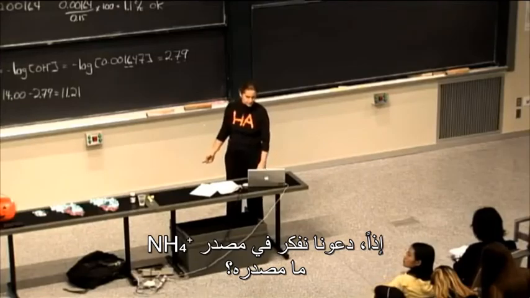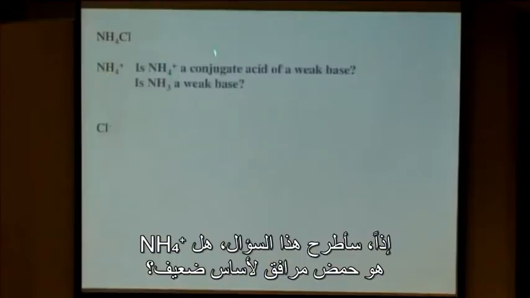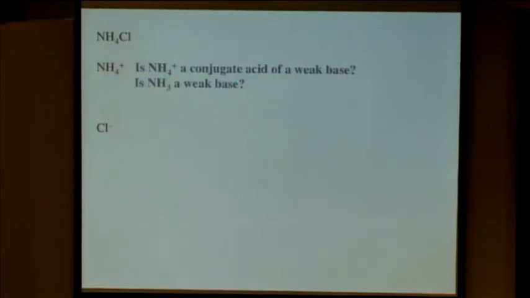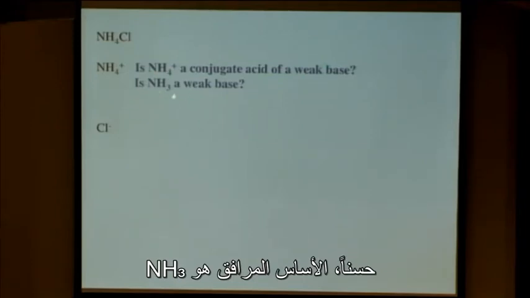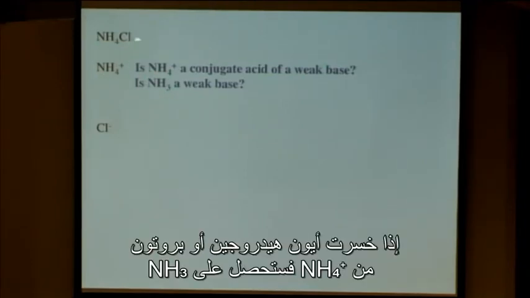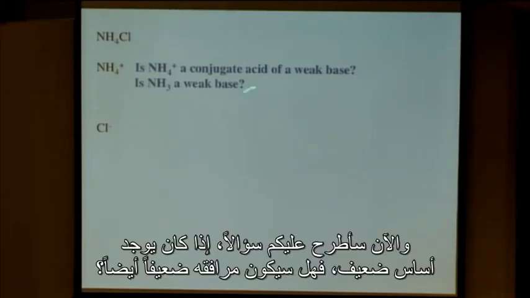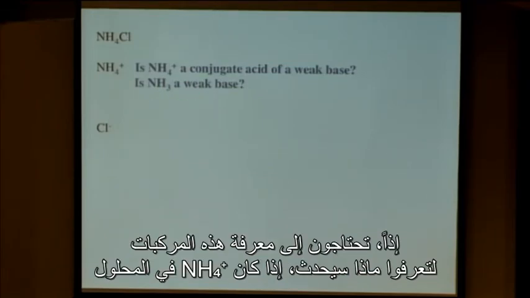So we want to ask the question, is NH4+ a conjugate acid of a weak base? And what is its conjugate base? Well, its conjugate base is NH3. If you lose a hydrogen ion or proton from NH4+, you get NH3. And so you're really asking, if that's a weak base, then its conjugate is also going to be weak. So you need to know about these guys to see what would happen if you have NH4+ in solution.